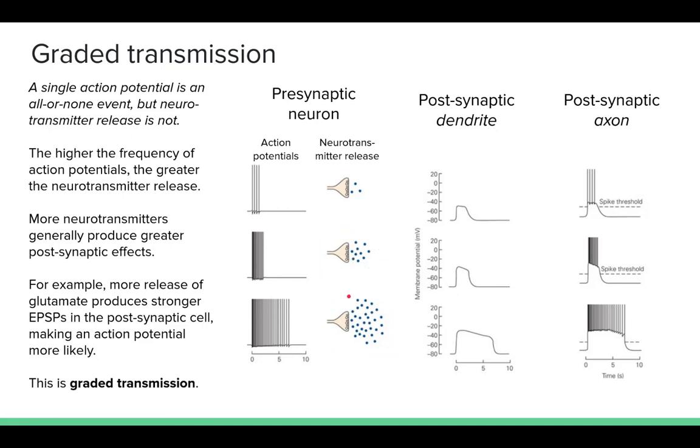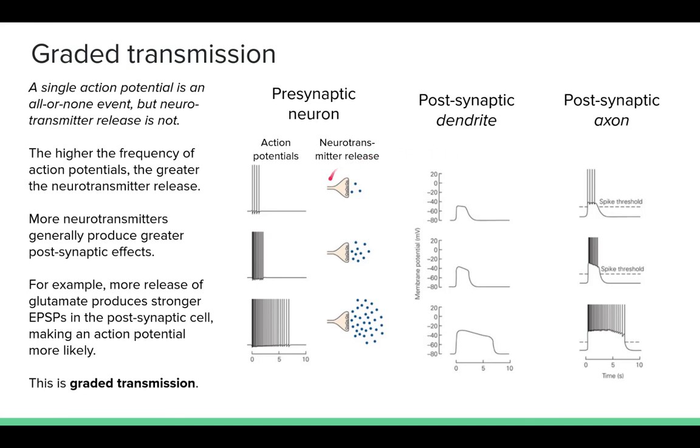Now, if we increase the amount of neurotransmitter that's released, that means, up to some limit, we are going to increase the number of receptors that are activated, which means that we are going to amplify whatever effect those neurotransmitters have. So if we're talking about the case of an ionotropic receptor, remember this is a receptor where we're opening a channel, we're directly modulating the membrane voltage in that dendrite.